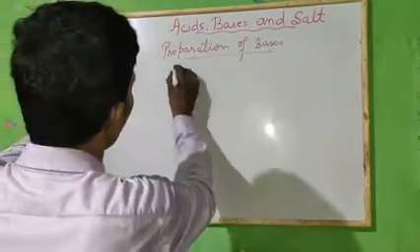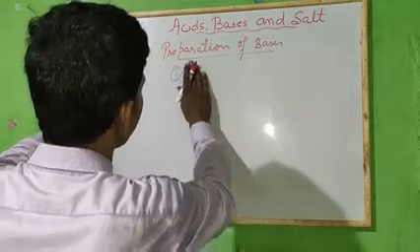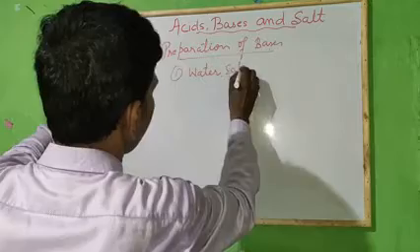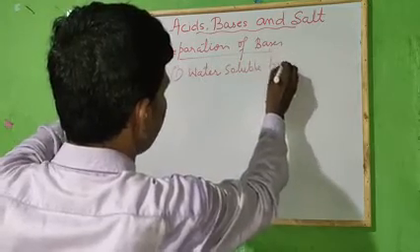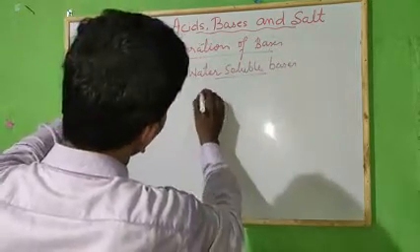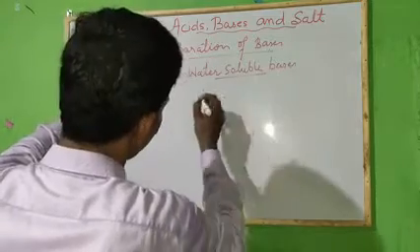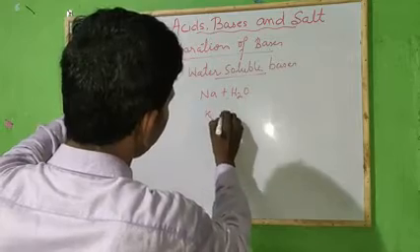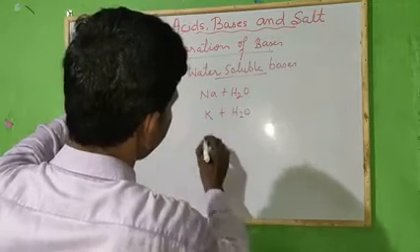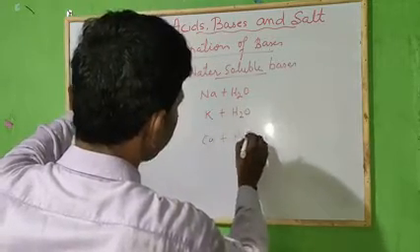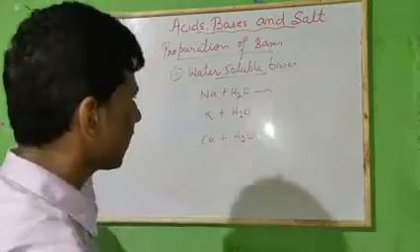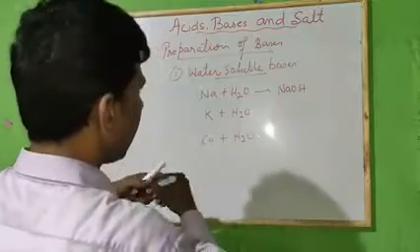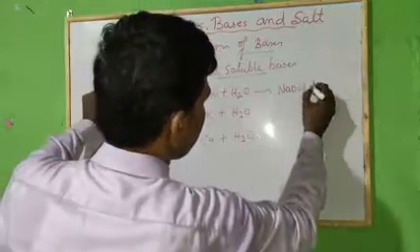So we will try to understand how we can make water soluble bases. A very simple thing. Suppose you put sodium in water, potassium in water, calcium in water. When sodium comes in contact with water, there will be formation of sodium hydroxide and release of hydrogen.